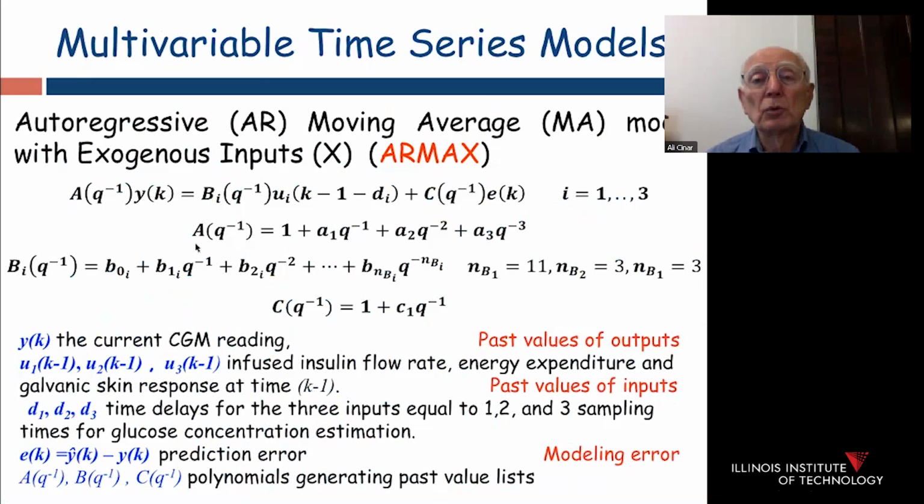So in terms of the details of the model, we have this multivariable time series model that's being used, auto-regressive moving average with exogenous inputs, and there is a need to estimate the delays in some of the inputs or the effects of these inputs on the glucose concentrations.